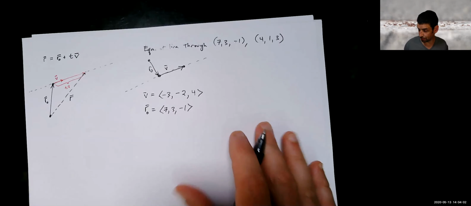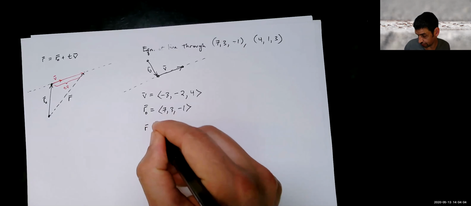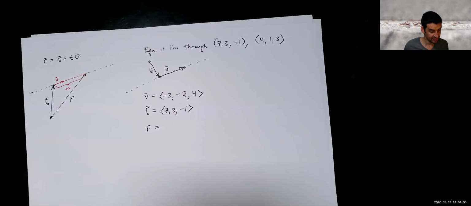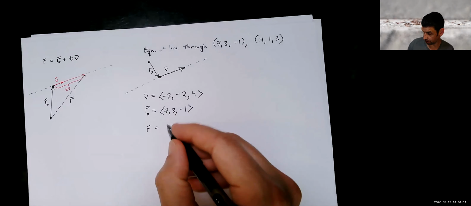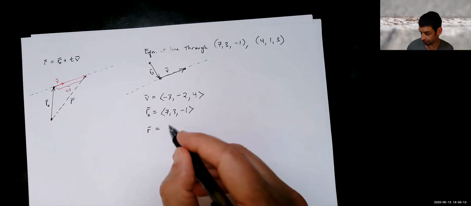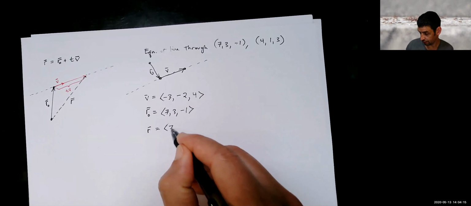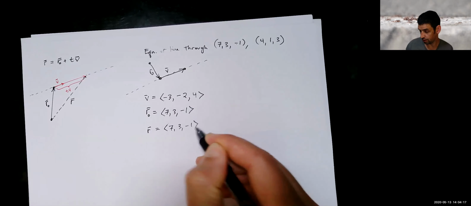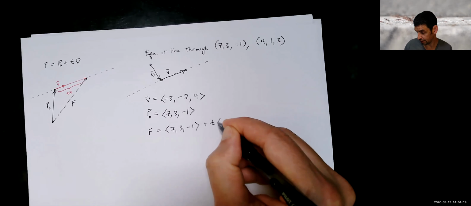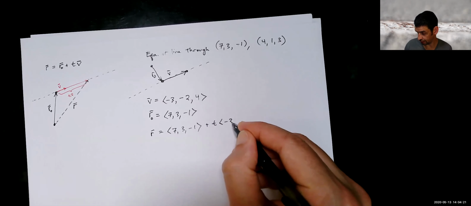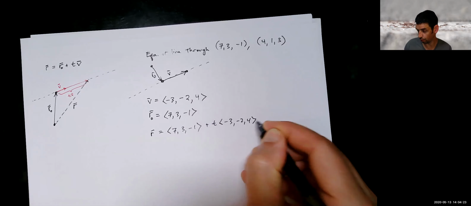And so it's simple enough to now just write our vector equation. We get r equals, just following this, r naught, 7, 3, -1, plus t times v, which is -3, -2, 4.